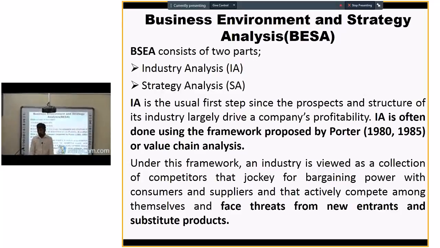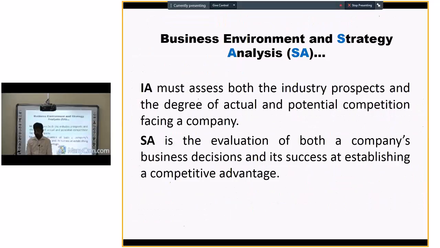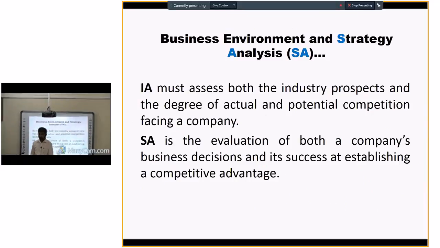Then we can use this framework for making industry analysis, or the value chain analysis approach.